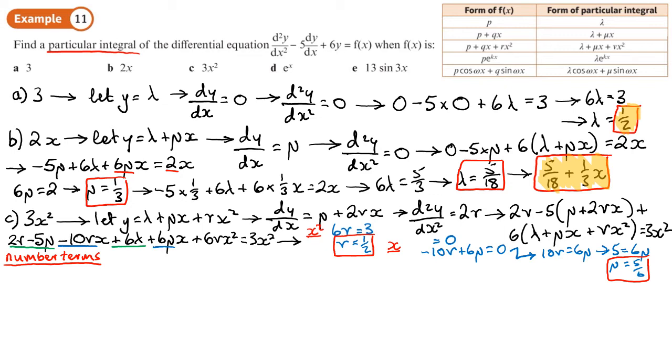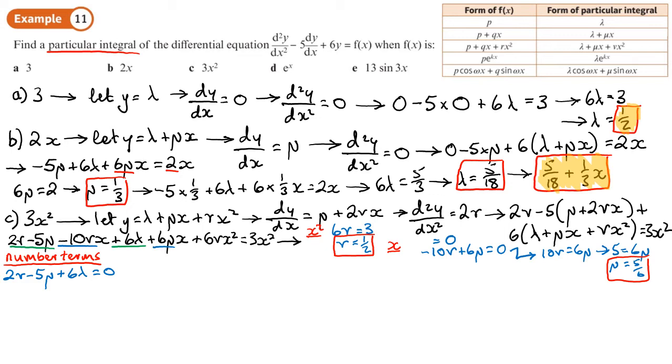So I will have 2 nu minus 5 lambda plus 6 lambda, equals 0.